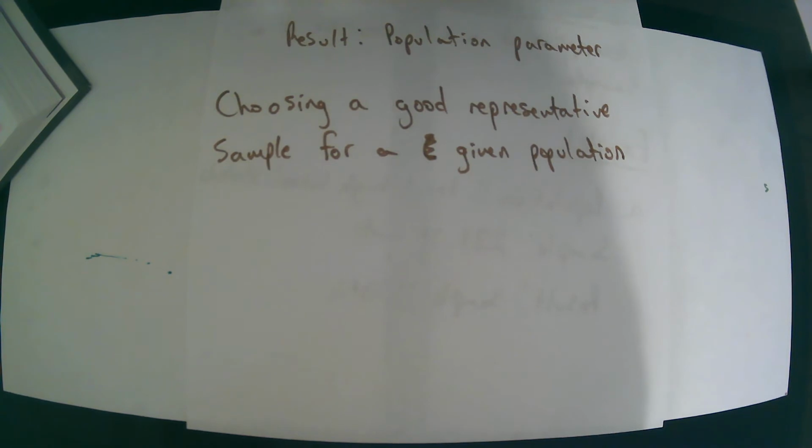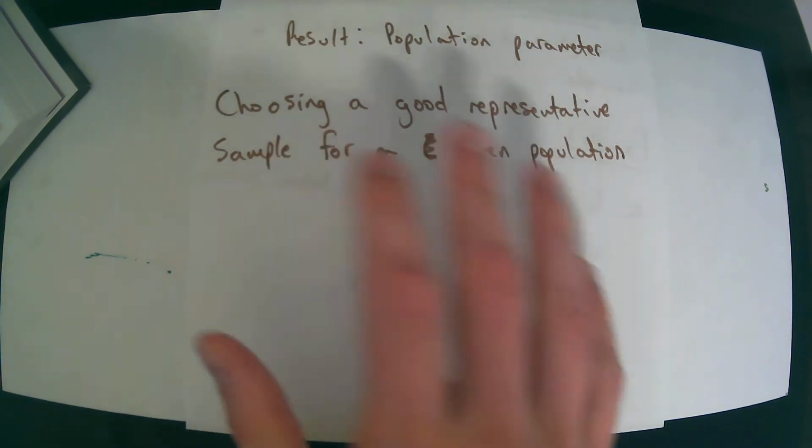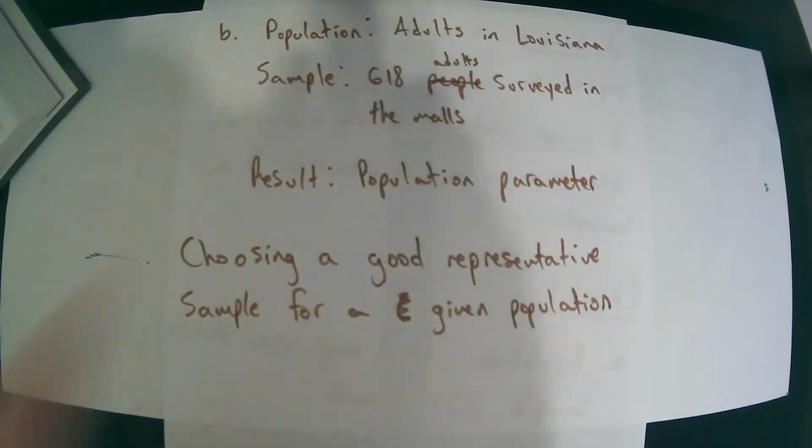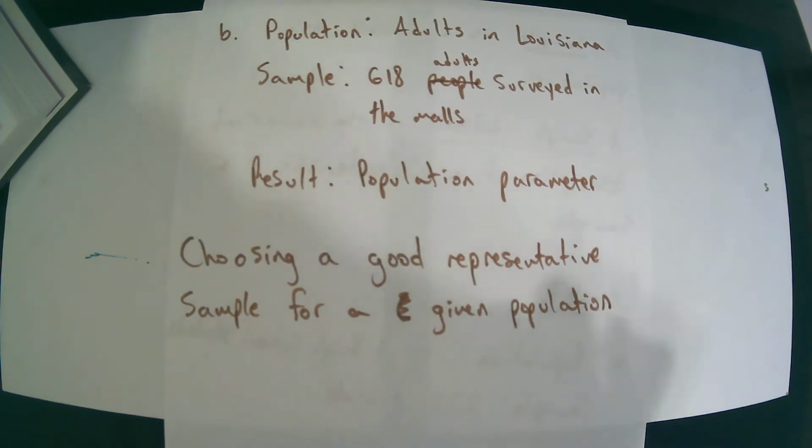Okay, so looking back at our example here, we may say, this does not seem like a representative sample because I can't imagine that all adults in Louisiana shop in malls, and maybe the people who shop in malls just have a different view than the population of adults in Louisiana as a whole.